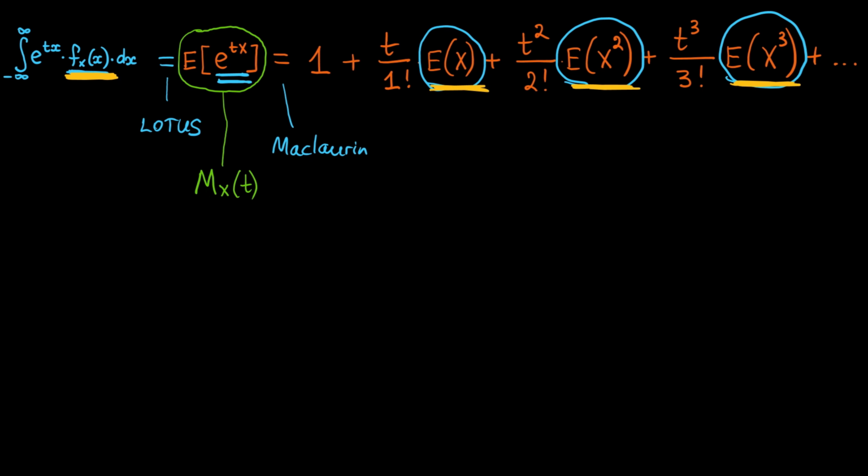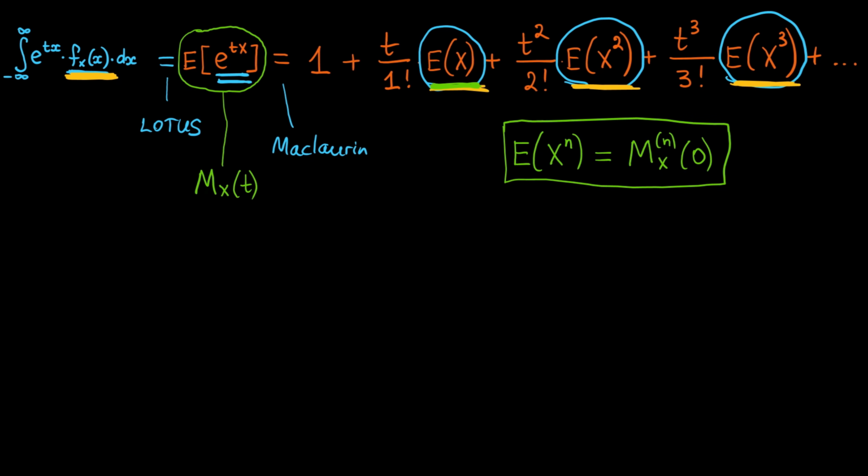And why do we call it moment generating? Well, let's see how we can obtain the, let's say, the first moment of it. Well, the algorithm says that in order for us to get the nth raw moment, we just need to take the nth derivative of the moment generating function and evaluate it at 0.